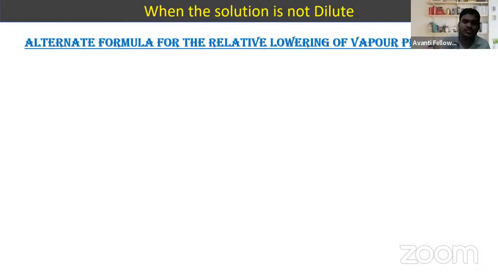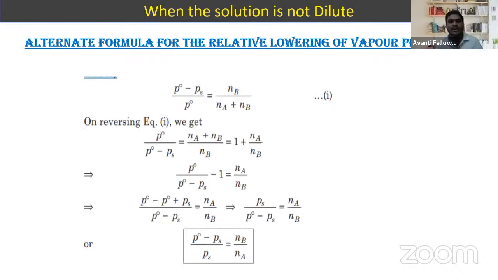Now, what happens when the solution is not dilute? Which formula do we have to use? Just remember, there is an alternate formula for the relative lowering of vapor pressure when the solution is not dilute. We know that (P naught minus Ps) upon P naught equals Nb upon (Na plus Nb).